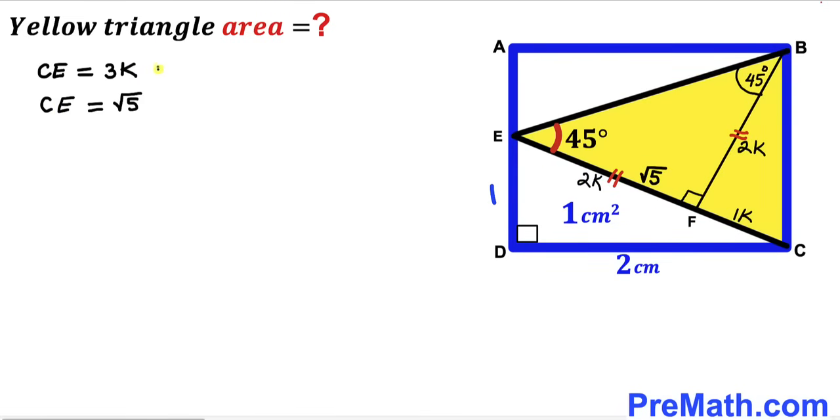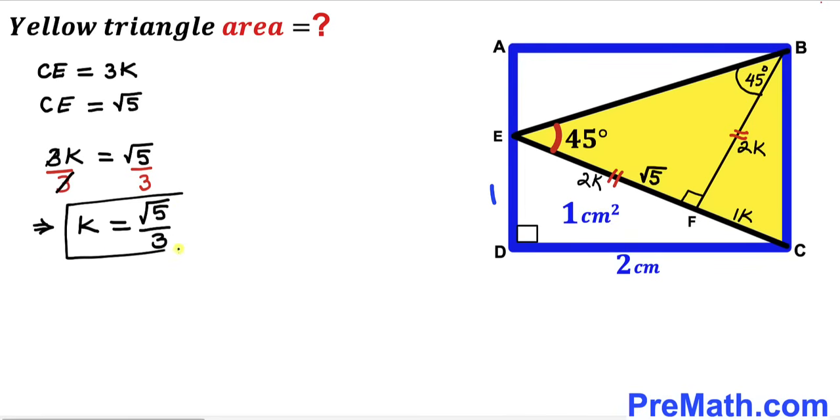If we compare these two equations, we can write 3 times k is going to be equal to square root of 5. Let's divide both sides by 3 to isolate k. So this 3 and 3 is gone. So our constant k value turns out to be square root of 5 divided by 3.